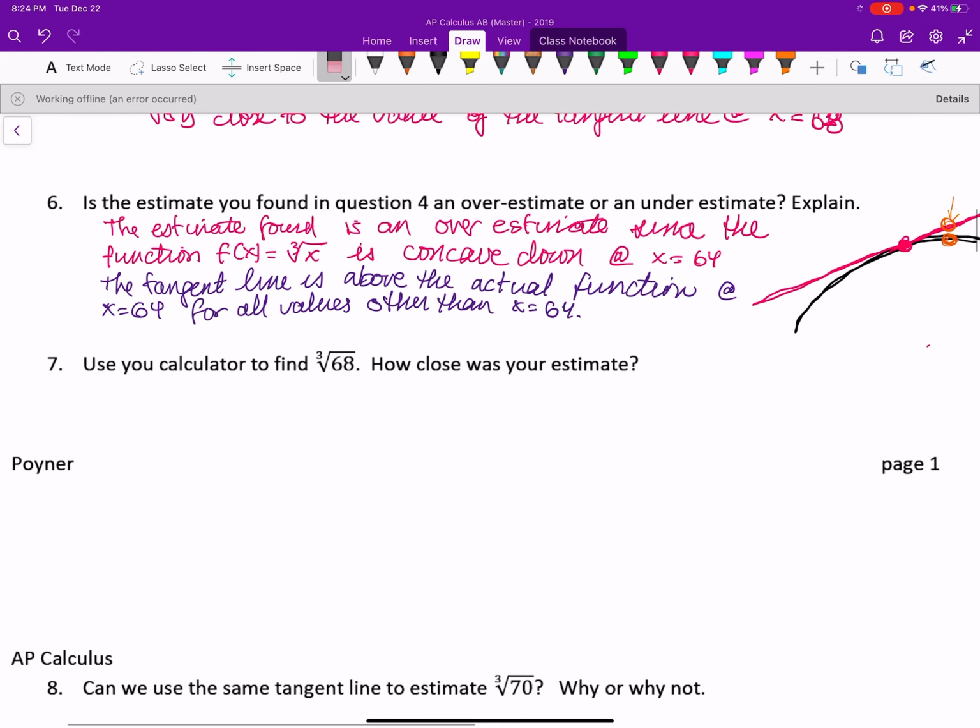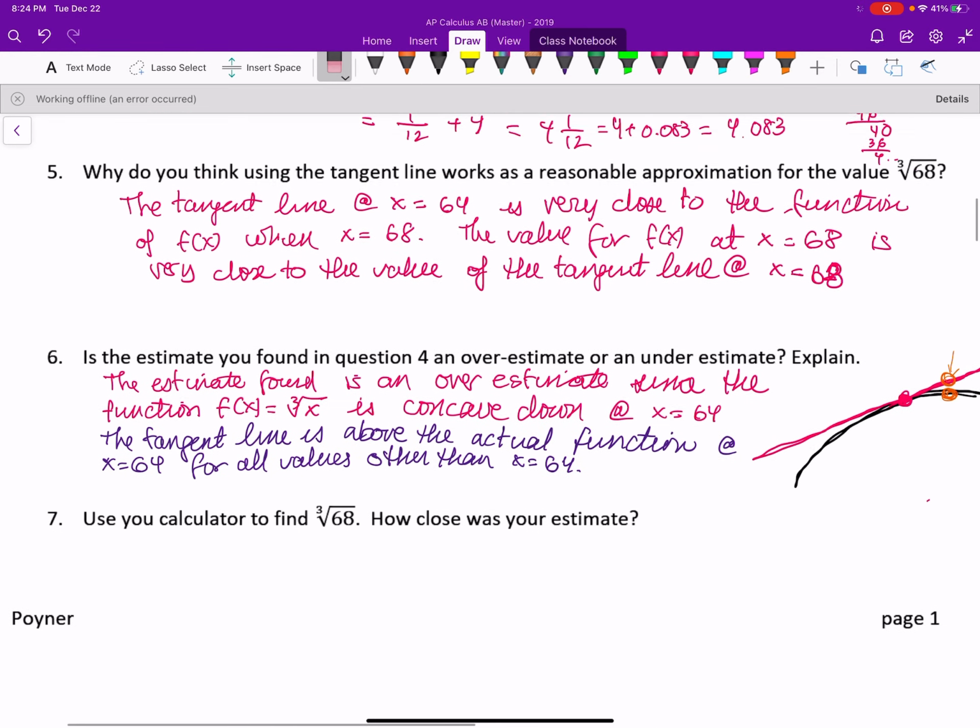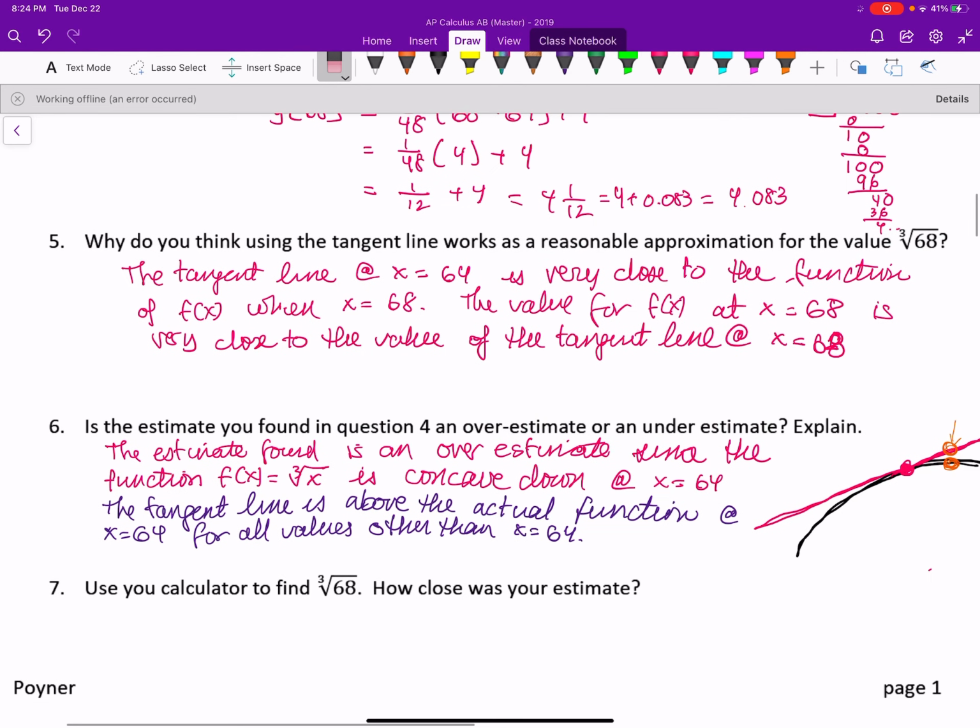All right. Use your calculator now to find an estimate for it. So what did we get up there? We got a 4.083. Let's see how close we are. So I'm going to take the cube root in a calculator. We're taking 68, cube root of that. The cube root of 68 on the calculator is approximately 4.0816, blah, blah, blah, 17, really.